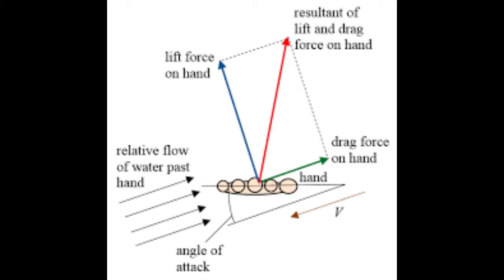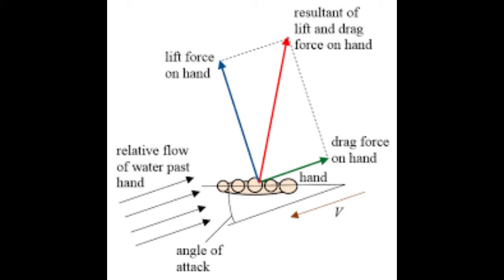The drag force acts in the same direction as the oncoming flow velocity. The lift force acts perpendicular to the flow velocity and points in the direction of inclination of the hand relative to the flow velocity. The amount of inclination is given by the angle of attack.